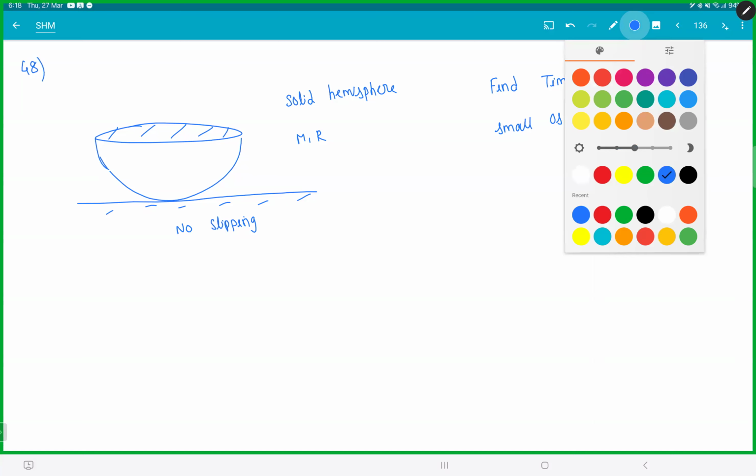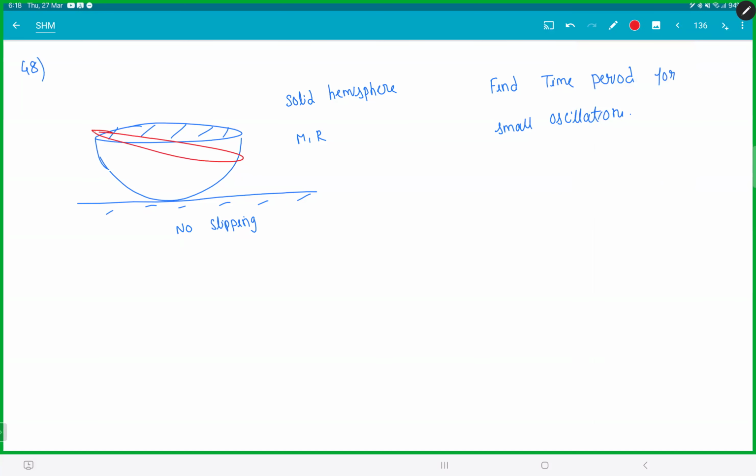Meaning, after some time, this guy will become like this. Then it will become like this. So it is just like a rocking chair. Time period for small oscillations. There's no slipping on the floor.